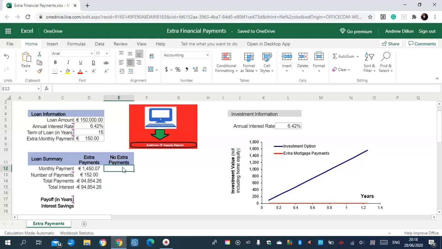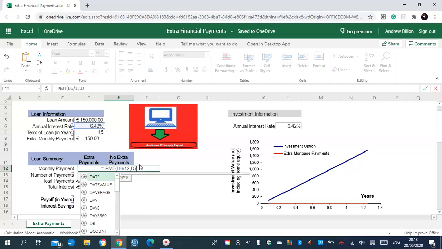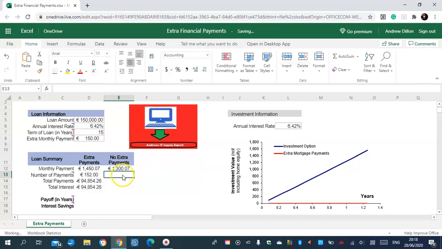So now let's calculate the same headings in no extra payments. Okay, now the number of payments.